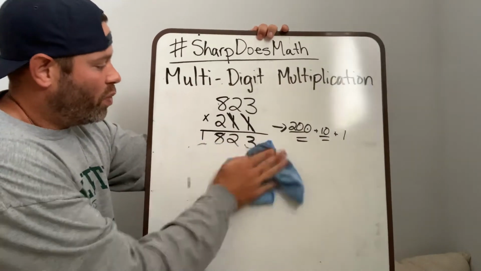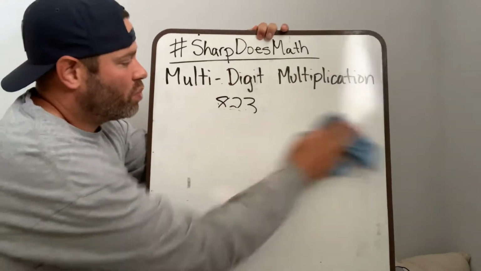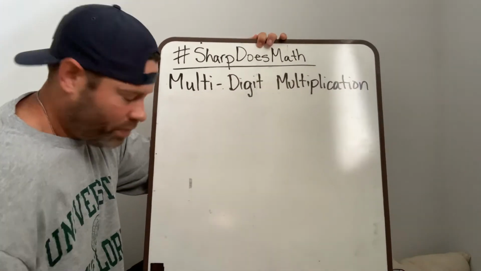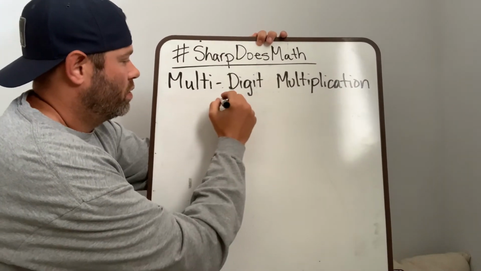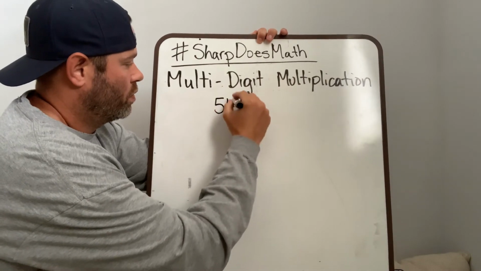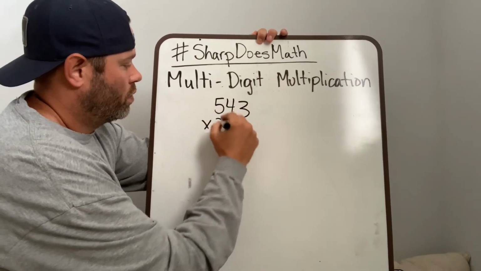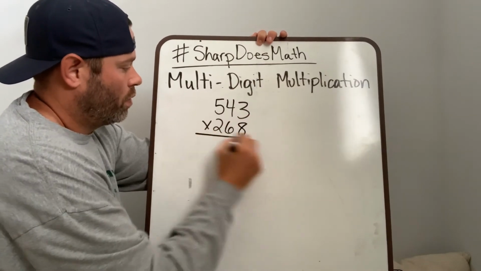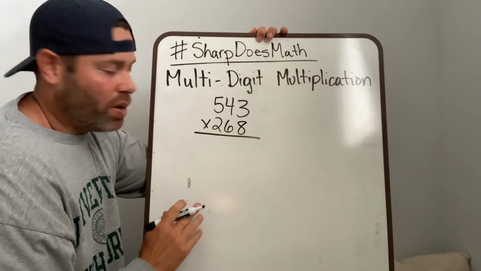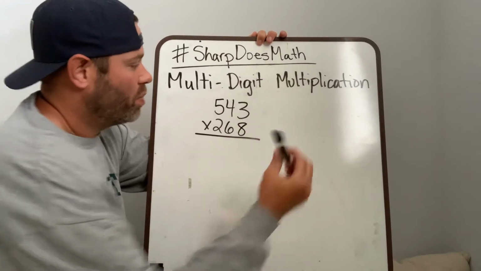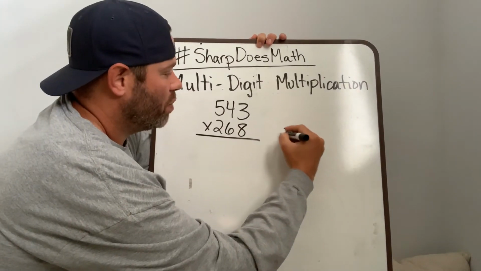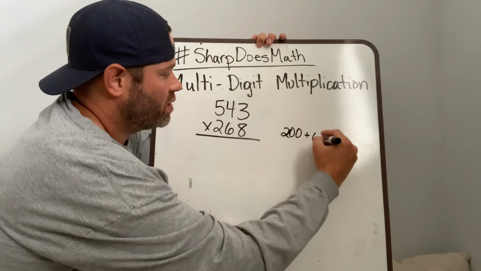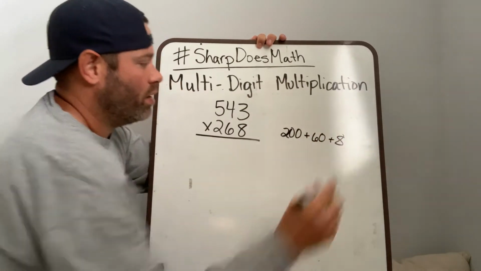Okay? If we went back, let me just rewrite a new problem. If we went back, remember, you can basically, I'm going to write the number over here just so I can remember. This was 268, okay?